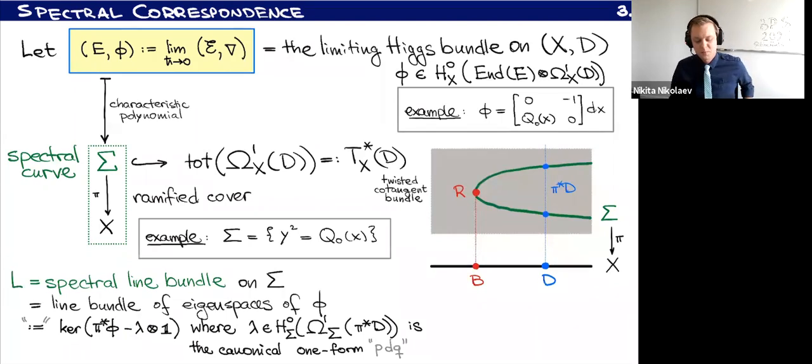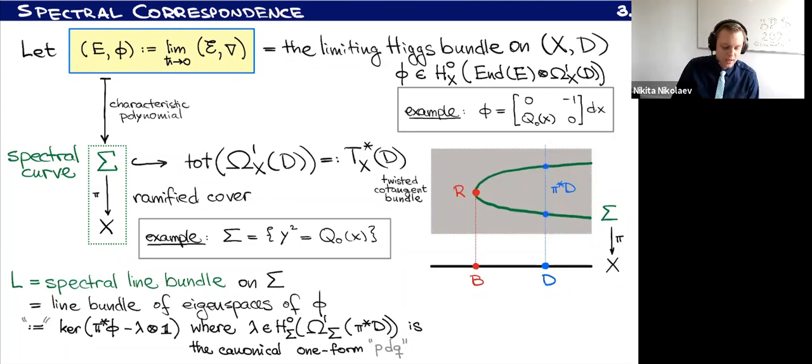The physicists know it as p dq. That thing exists on the cotangent bundle, but it also exists on this twisted cotangent bundle, except that this time it's meromorphic on the fibers that have been modified. Then I can restrict it to the spectral curve sigma, and I get a meromorphic one form on sigma with poles precisely along this pullback divisor.